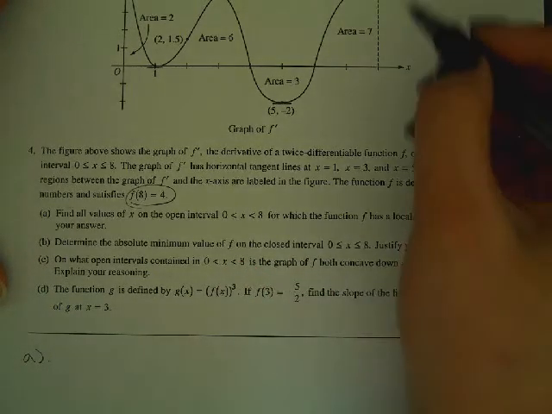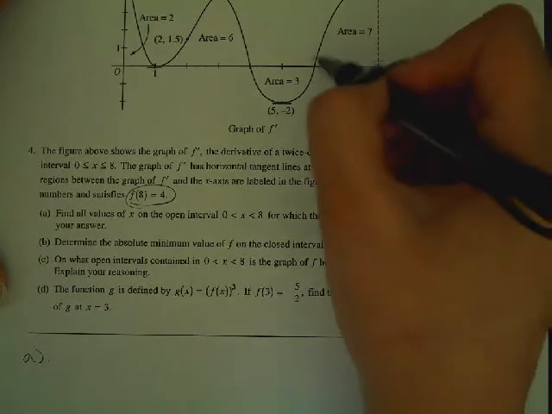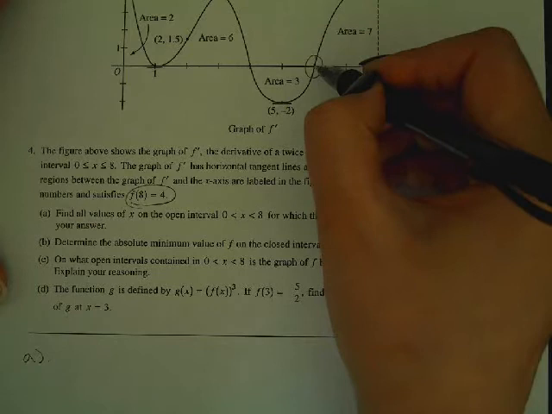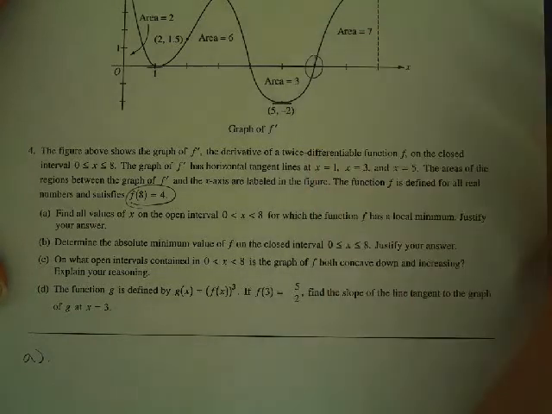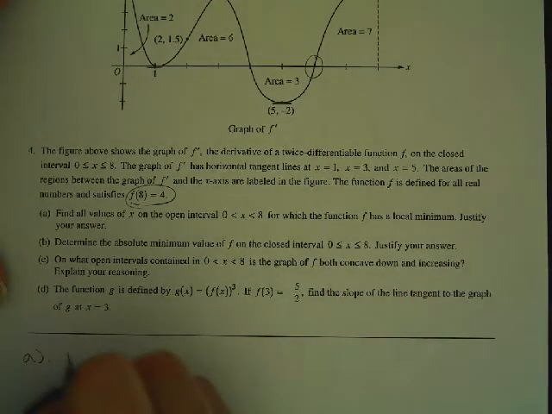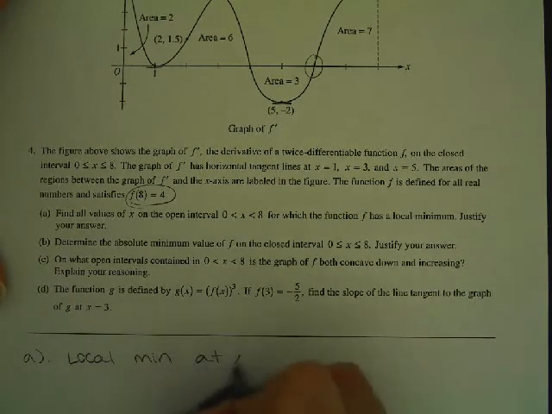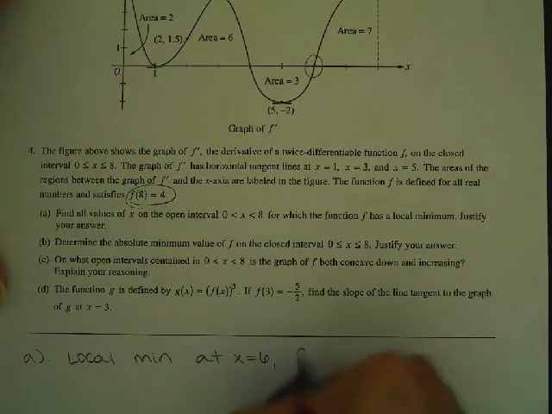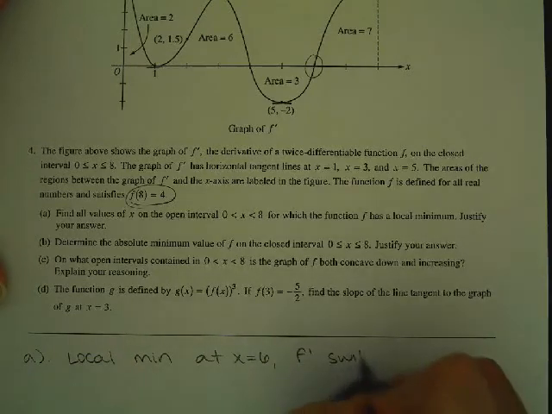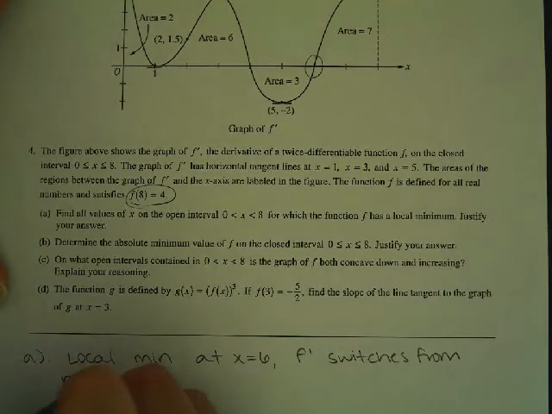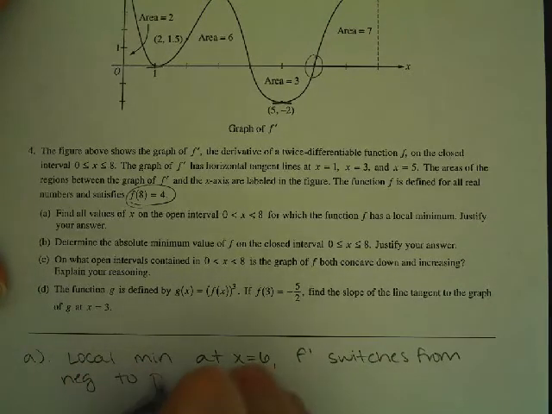So there's only one spot where it switches from negative to positive, and that is at an x-coordinate of 6. So I'm going to say there's a local minimum at x equals 6, and that's because f prime switches from negative to positive.